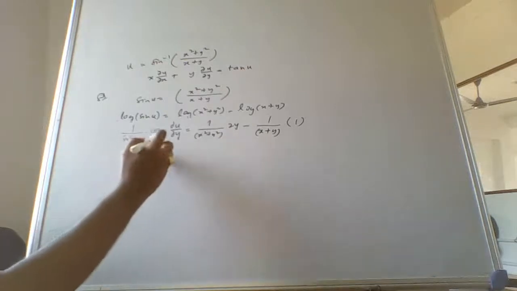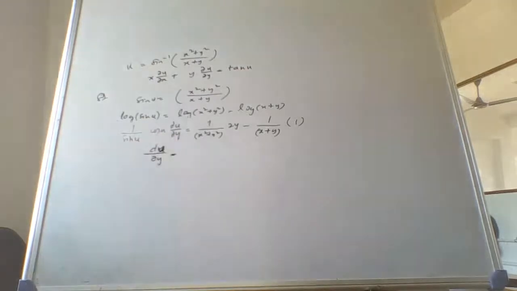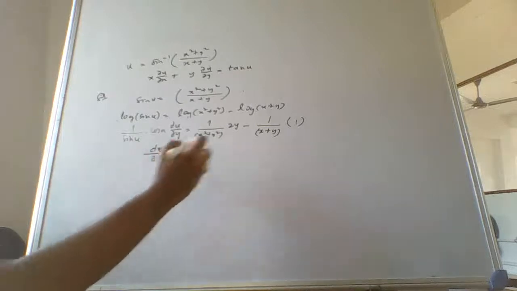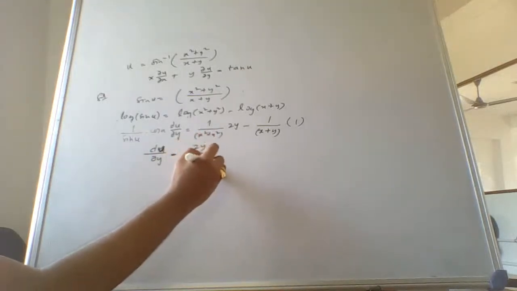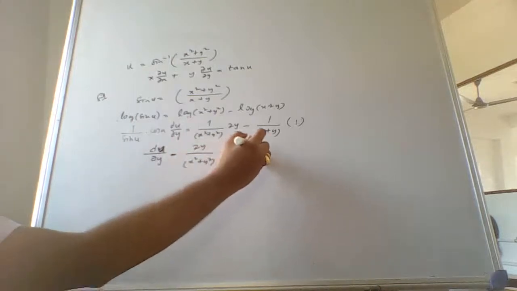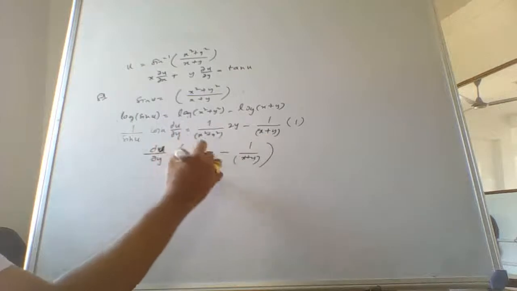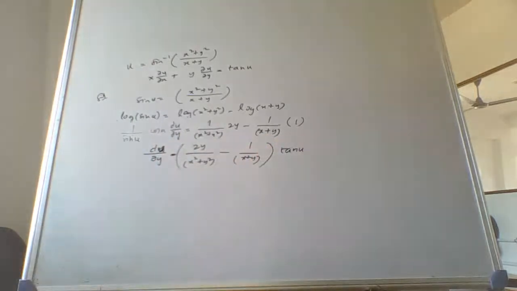So let us simplify this dou u by dou y. If I take it to the other side, this becomes tan u. So this is 2y divided by x square plus y square, and this is 1 by x plus y, multiplied with tan u. So that's what I get.